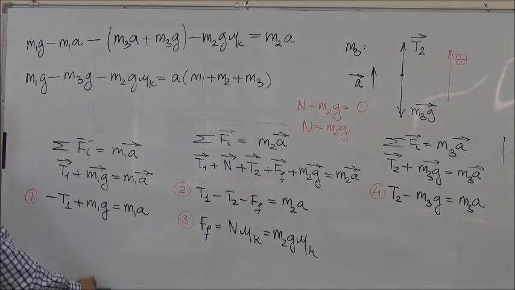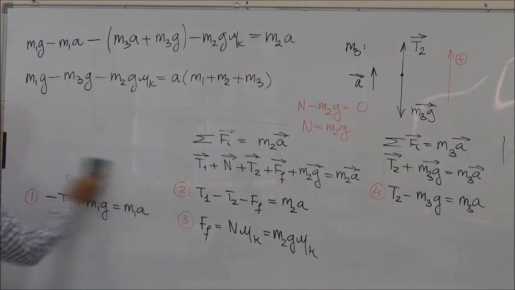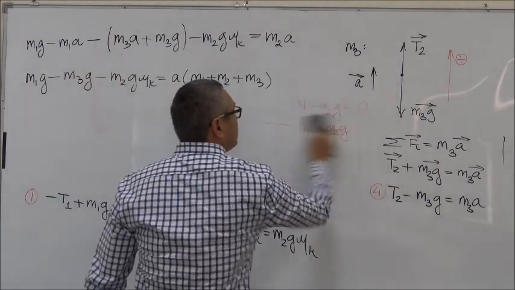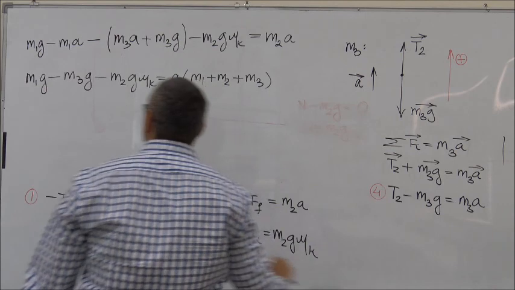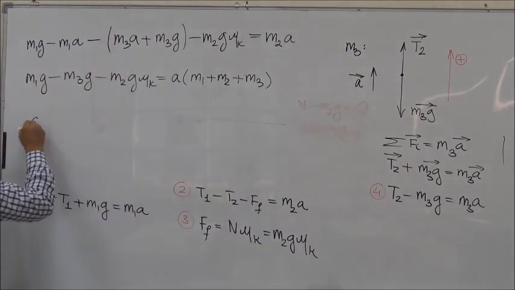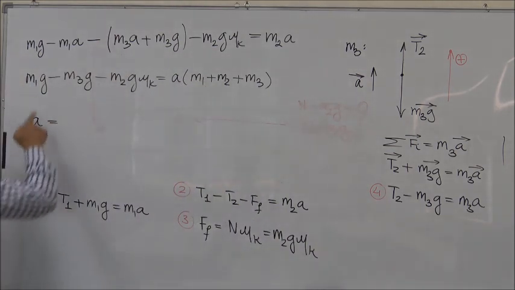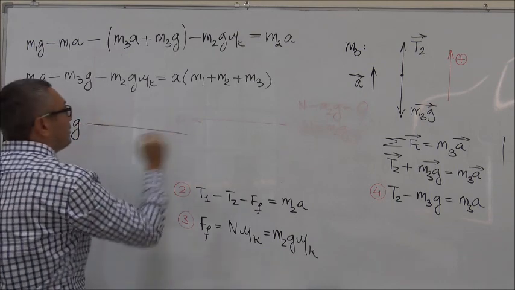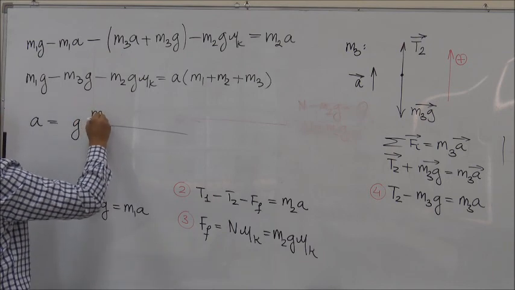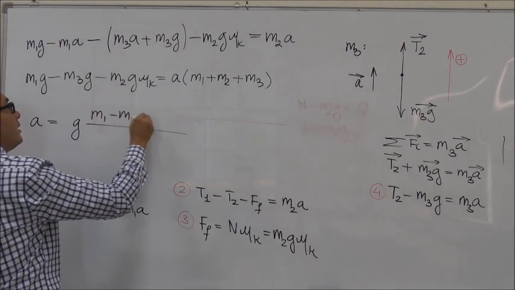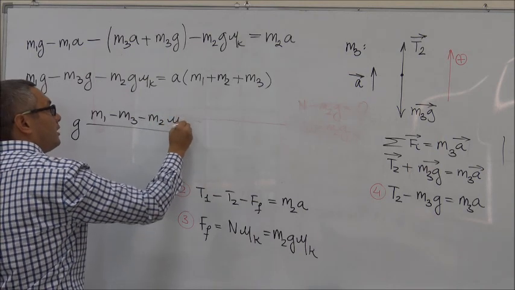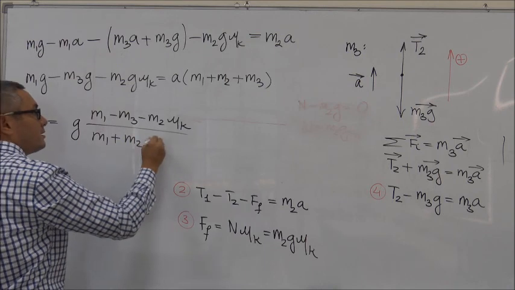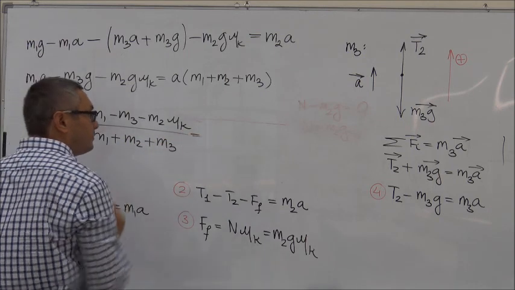So now we can solve for acceleration. Acceleration is equal to g, and in the numerator I have m1 minus m3 minus m2 mu k, divided by m1 plus m2 plus m3.